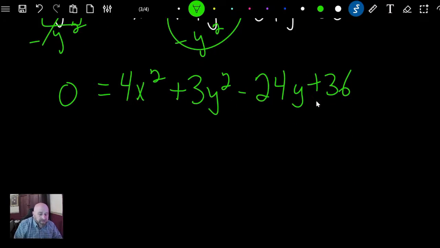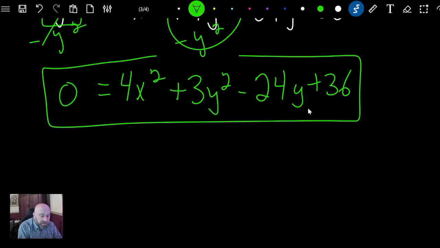At this point, you could do a couple different things if you wanted to. You could try to factor that to see if there's anything that will factor out. There's no common factors in it, right? So really, there's not much we can do with that. That's probably as simplified as we can get it, and we would just leave it right there.